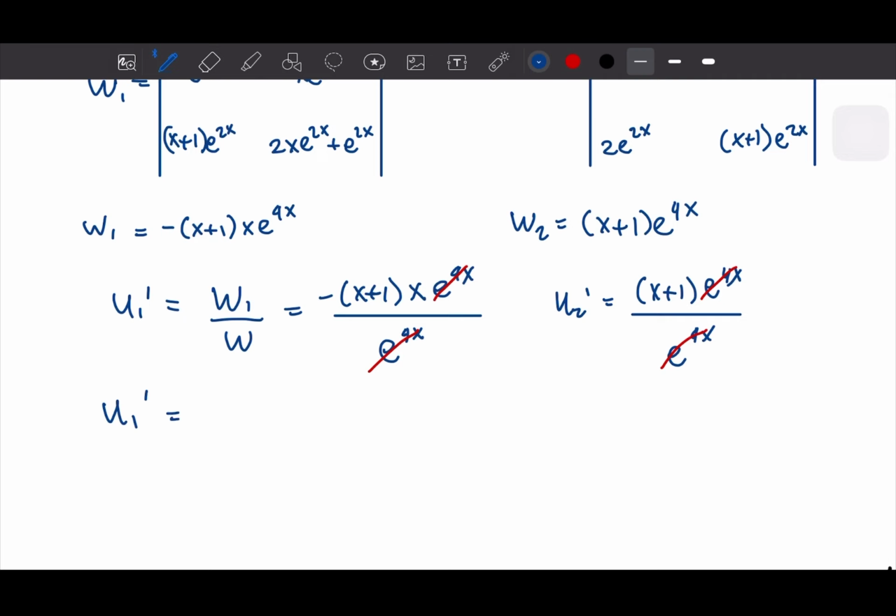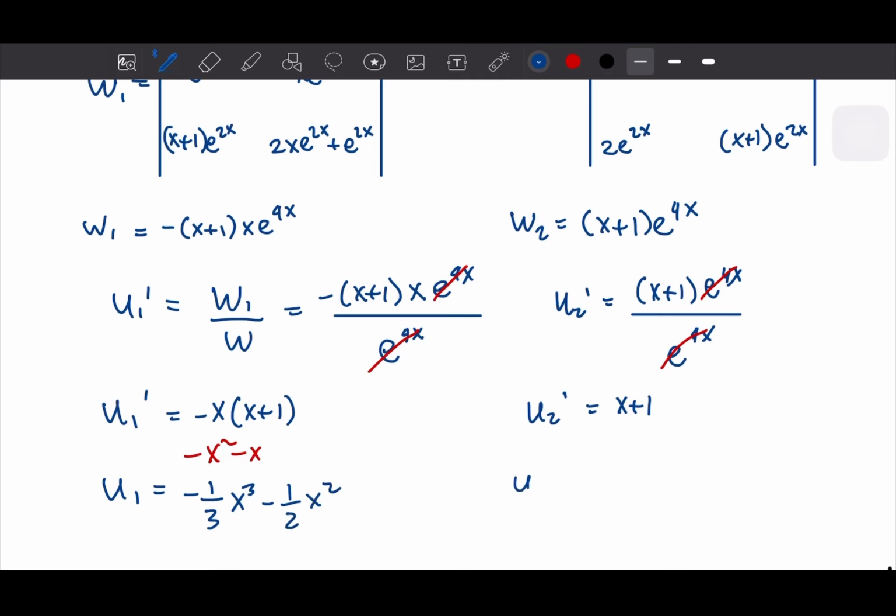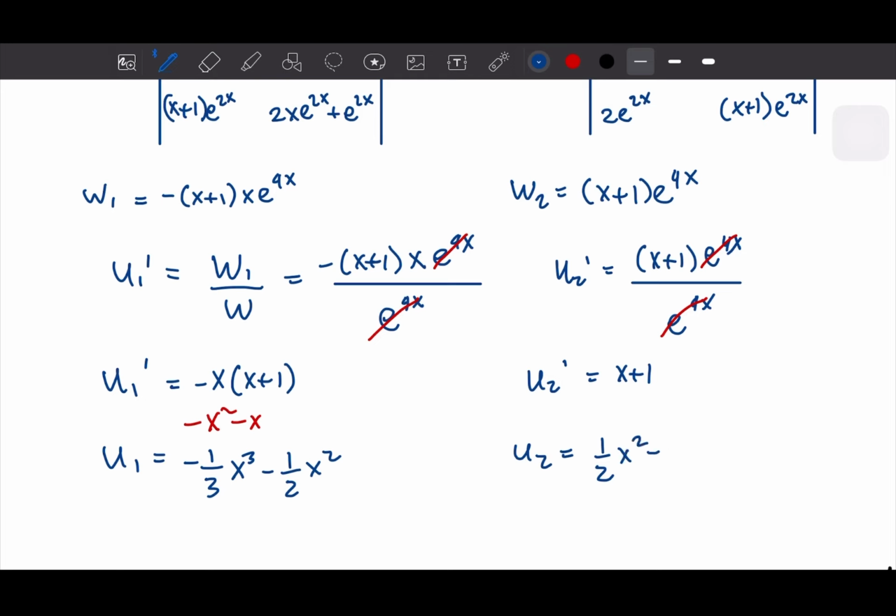So u1 prime is negative x squared minus x, or rather negative (x plus 1) times x, and u2 prime is x plus 1. So we can integrate. u1 is negative 1 over 3 x cubed minus half x squared. u2 is half x squared plus x.